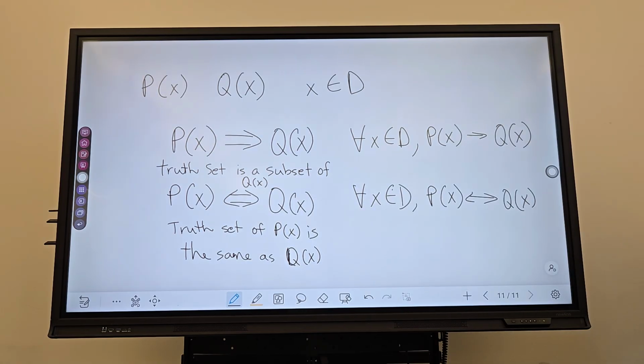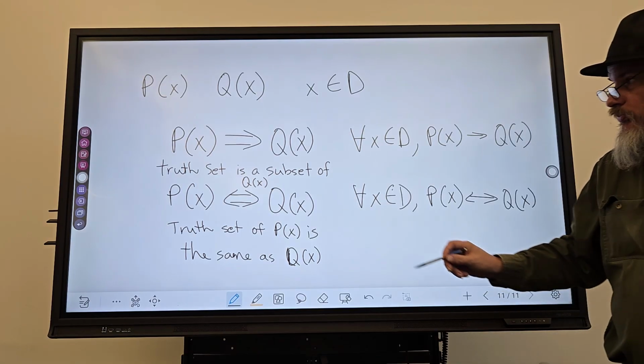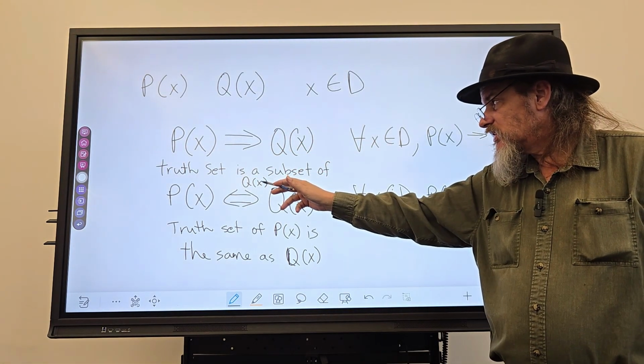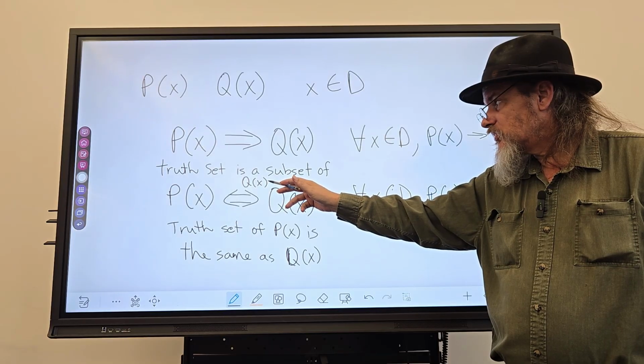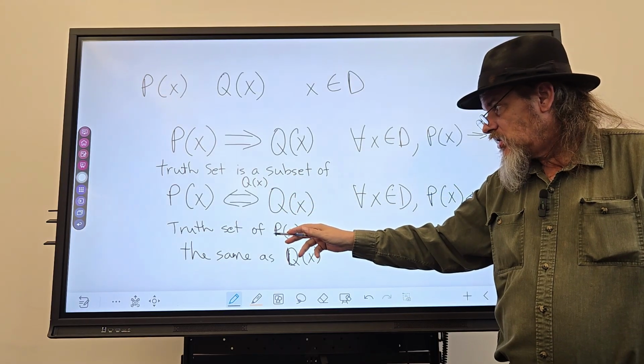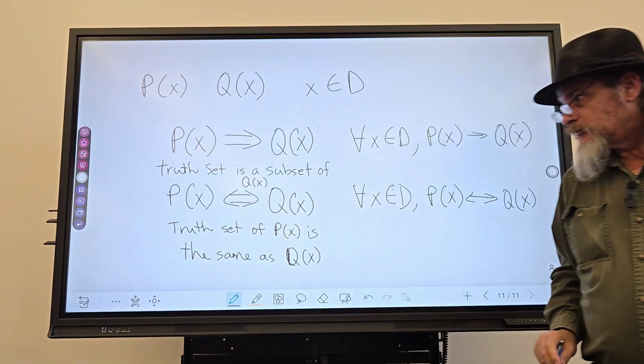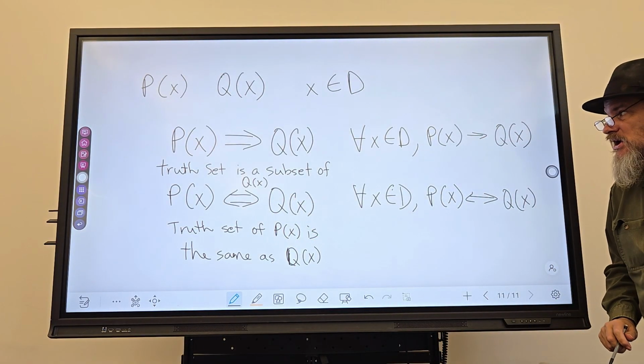So P of x has a truth set that's a subset of the truth set of Q of x. And with this symbol, they are the same.